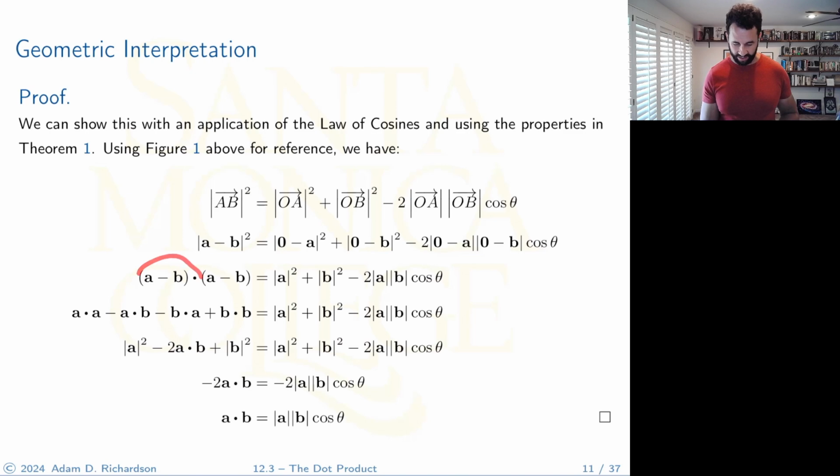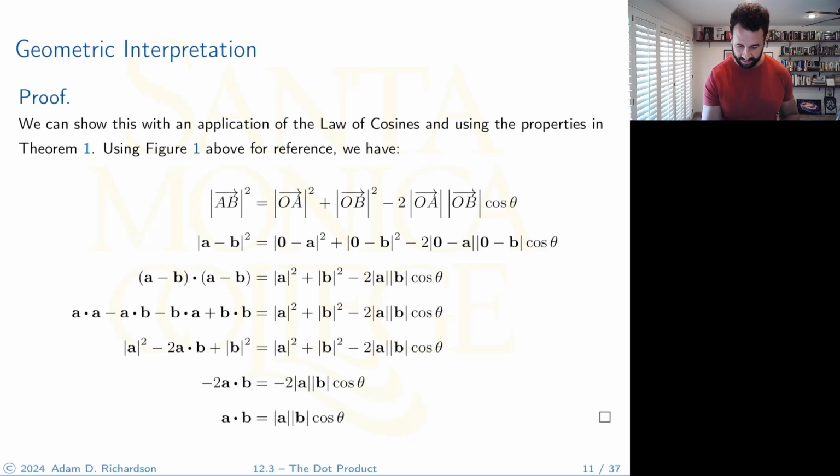So we get A dot A minus A dot B minus B dot A plus B dot B. Remember that the dot product is commutative, so A dot B is the same as B dot A. We're going to use that right now and combine these like terms. If A dot B is equal to B dot A, then we've got two of these, so we have negative 2 A dot B.